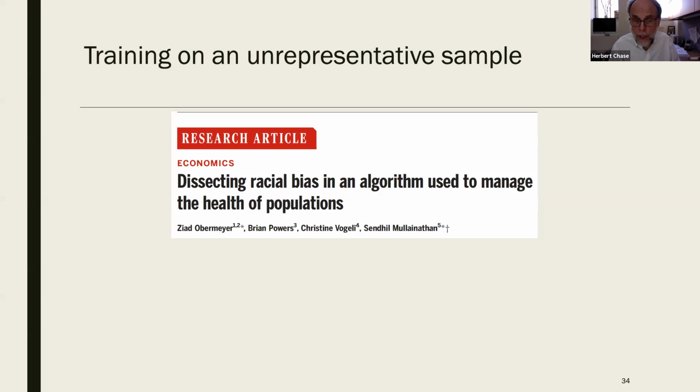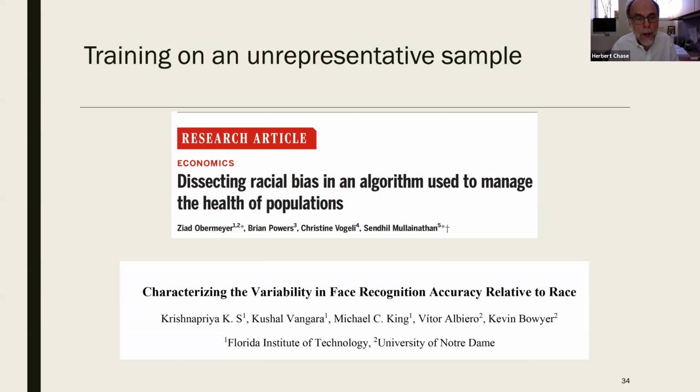The good news is that serious computer scientists are working on this, and there was some intervention before it could harm the patients. This one you probably also heard, New York Times, the face recognition accuracy.